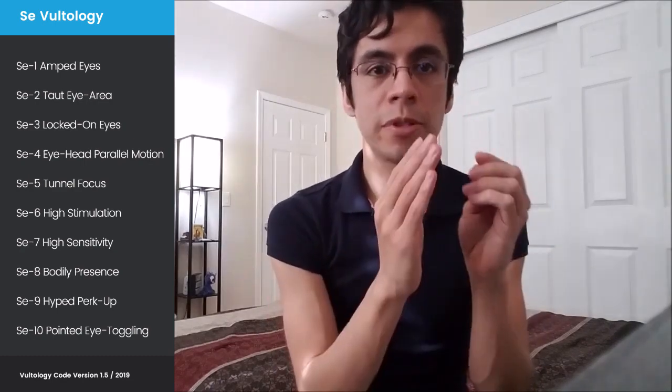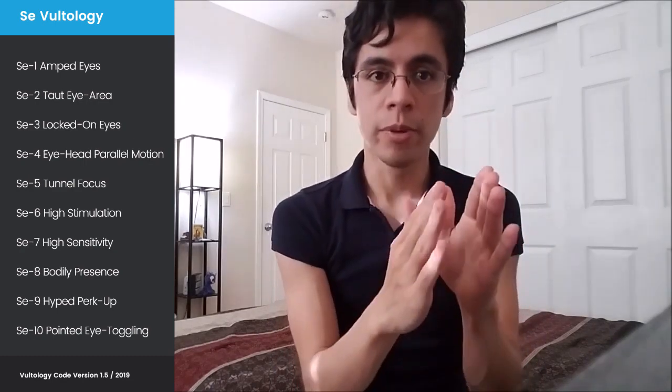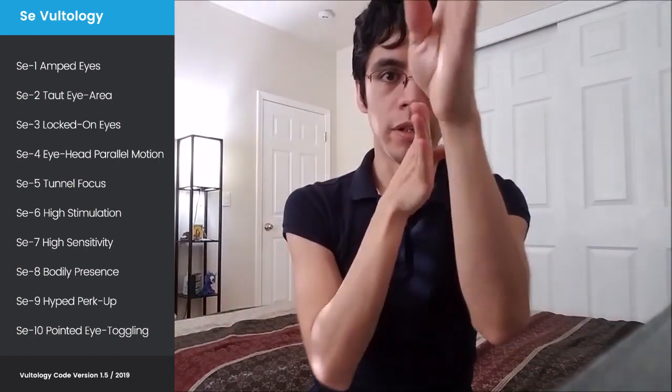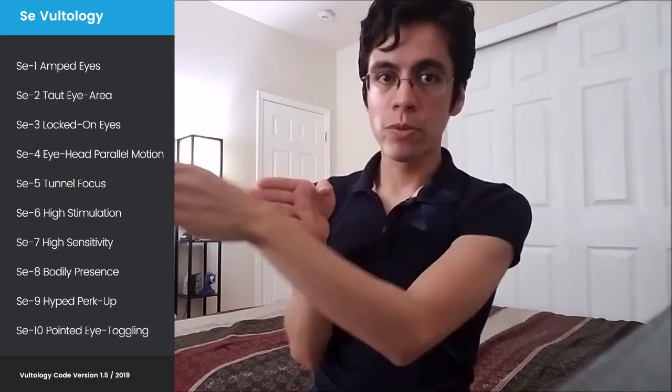SE4 is eye-head parallel movement, and this happens in sync with the previous signal of the locking on. So the head and the eyes are aligned to where when the head moves, the eyes move with it.